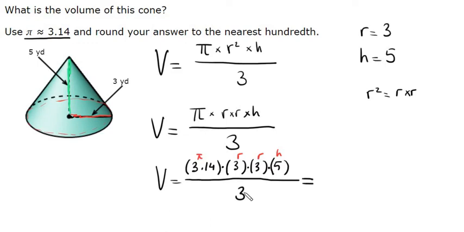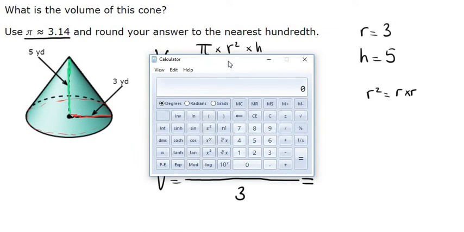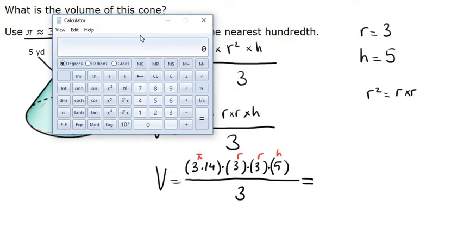So we're going to use our calculator. Let's multiply 3.14 by 3, and multiply that by 3 again, and then times 5.